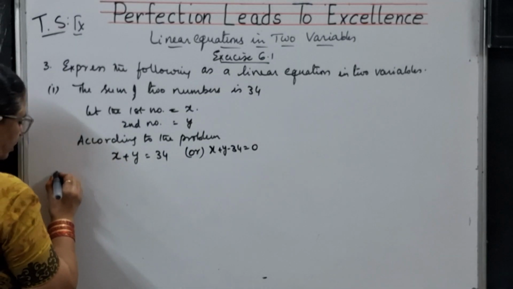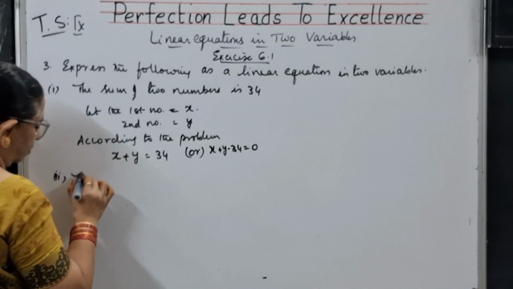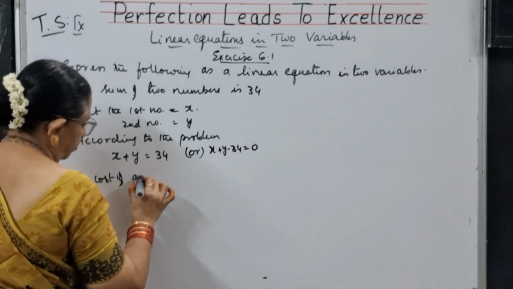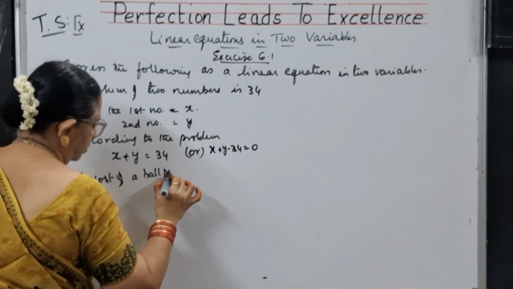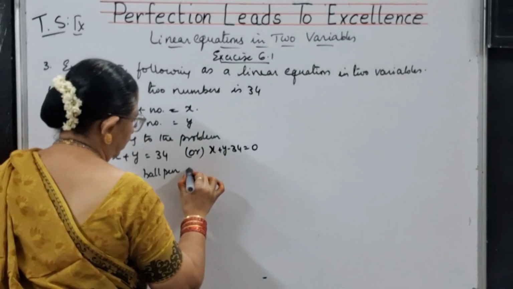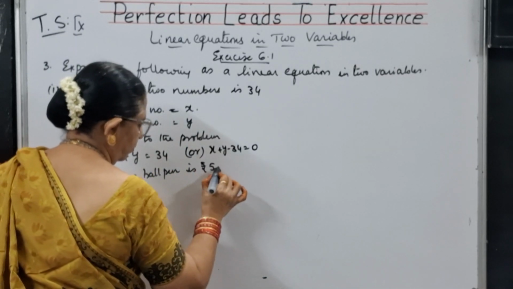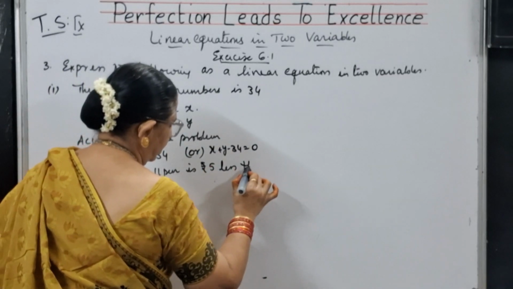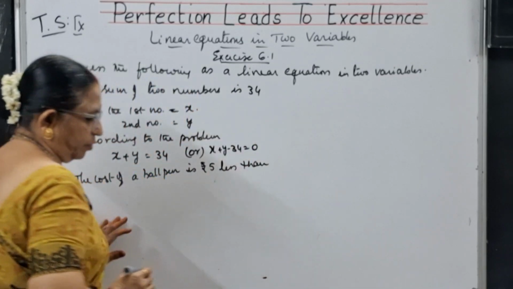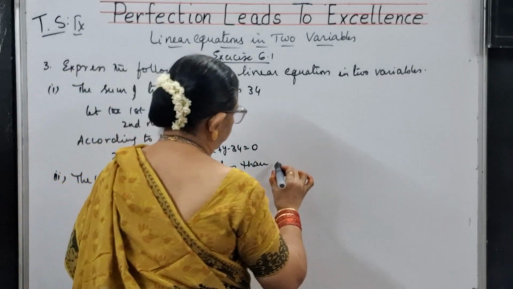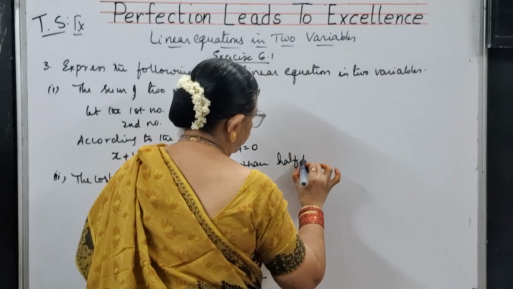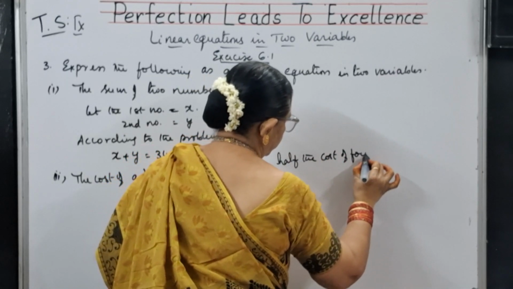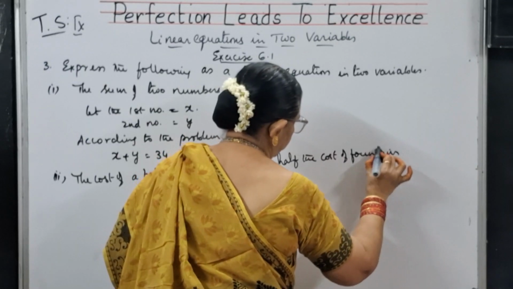Now, the second bit. The cost of a ball pen is rupees 5 less than half the cost of a fountain pen.